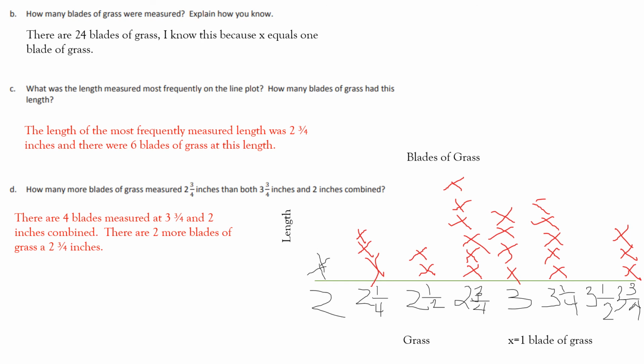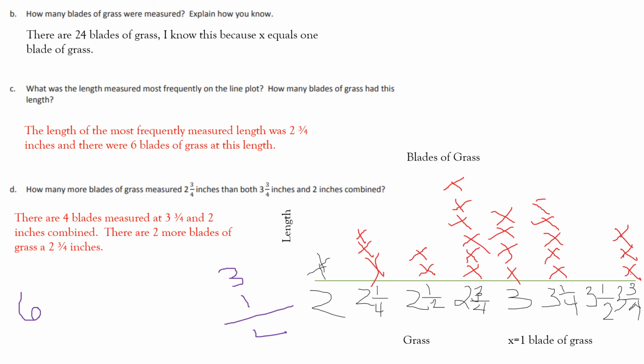So we can see what all I had to do then was subtract, because at 2 3/4 I have 1, 2, 3, 4, 5, 6, and at 3 3/4 I have 1, 2, 3, and 1 for 2.